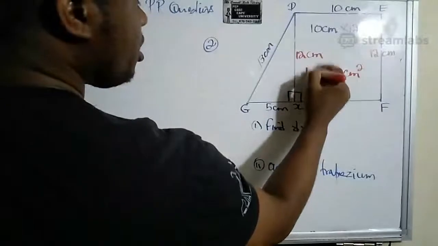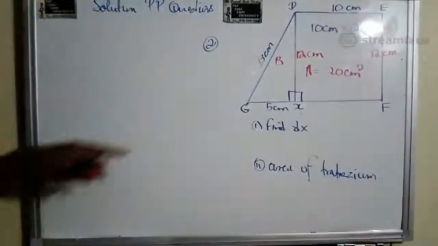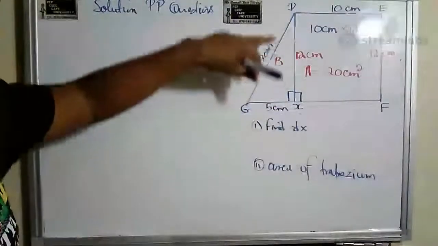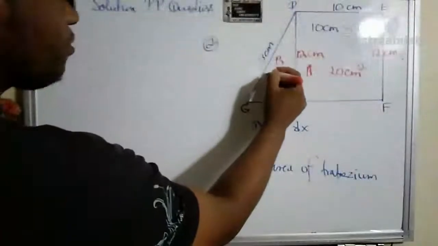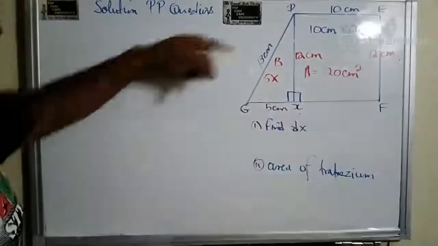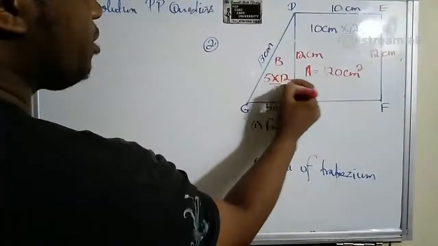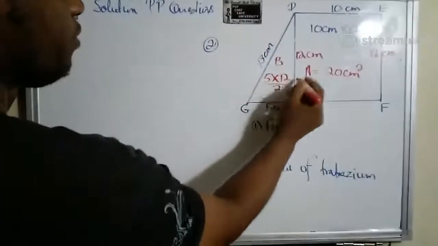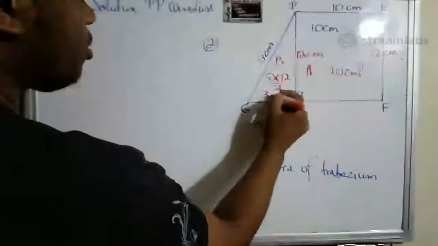Let us call this A and this part B. Now this is a right angle triangle, so we can half the base. The base is 5, so it's 5 times, what's the height now? Do not say this is the height, students. This is a slant side, so this is the height, upright, right? So that's 12, and we divide it by 2. So 5 times 12 gives us 60, and we divide it by 2, it gives us 30.